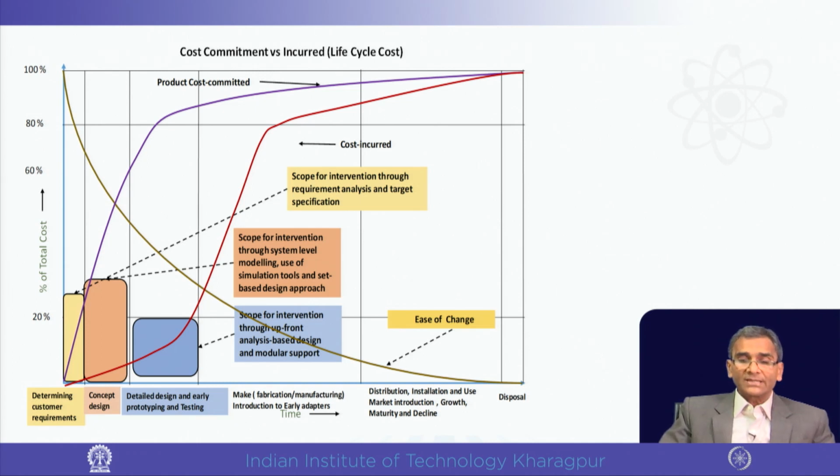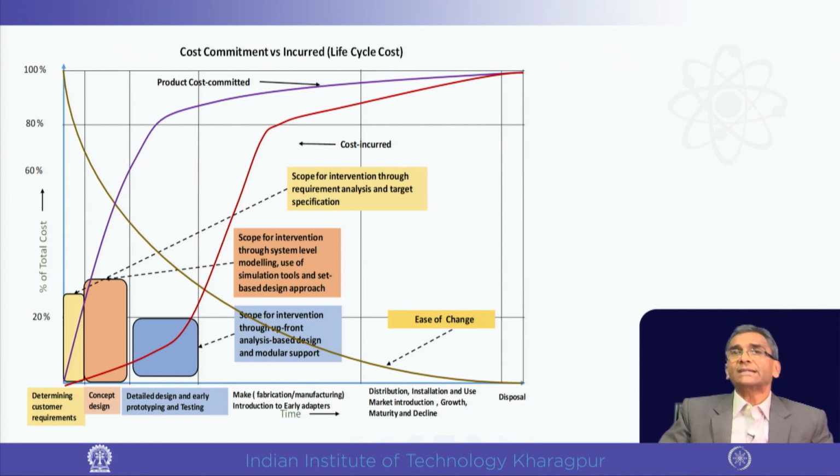Similarly, for the concept design, scope for intervention through system level modeling, different digital modeling, different analysis, using several tools and approaches, can save a lot of incorrect or erroneous design concepts or features.